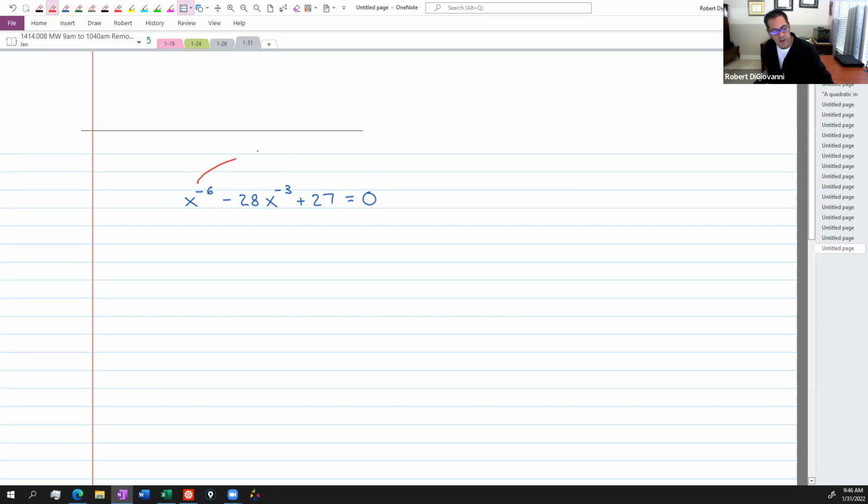So I'm going to realize that x to the -6 can be rewritten as x to the -3 squared. That's another way I could write x to the -6.